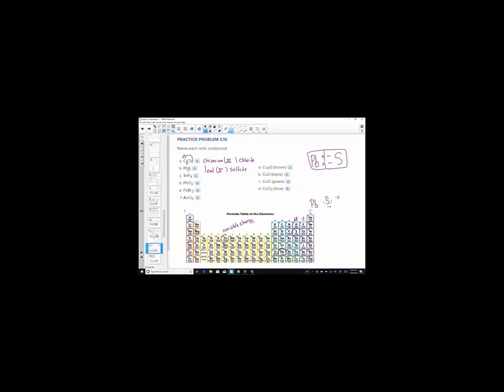How about letter C? Sn, that's the elemental symbol for tin. I'm going to leave the parenthesis open, and as we work to figure out the charge, that's what will go in. F is the elemental symbol for fluoride. So we have tin something. Fluoride is a -1 charge.